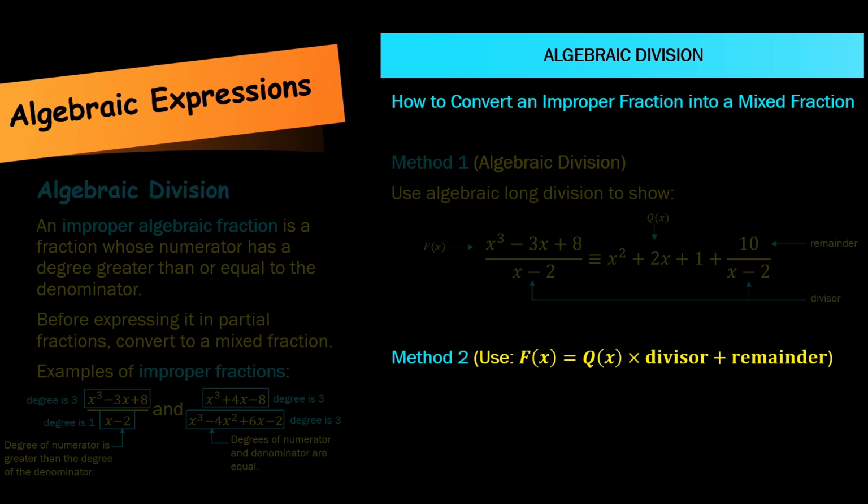The other method we could use to convert an improper fraction into a mixed fraction is using f of x equals q of x times the divisor plus the remainder.